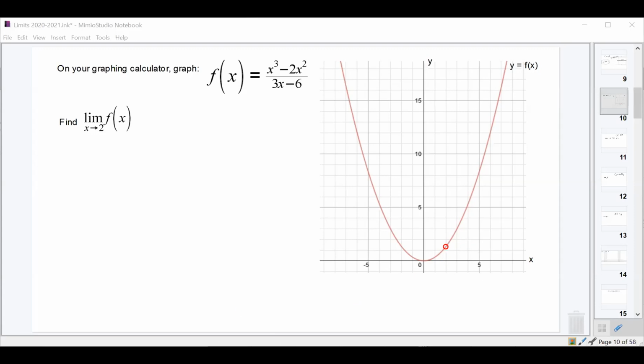So if you zoomed in on your graphing calculator, you could be looking at the table. You guys know how to look at the table on your graphing calculator? Yes. Yeah, so go into the table and you can sort of just keep going in and looking at it. So we got a positive infinity as one option here. So we got 1 1/3, we got positive infinity. Anybody else have a different idea?